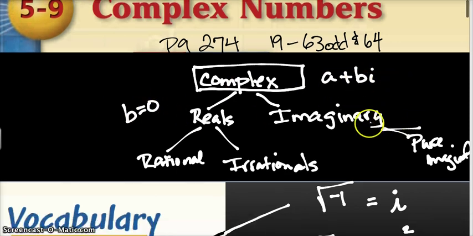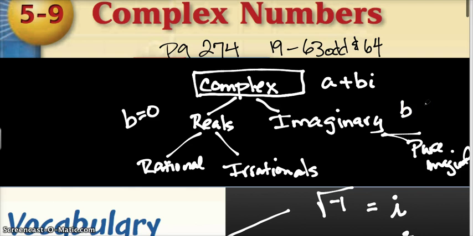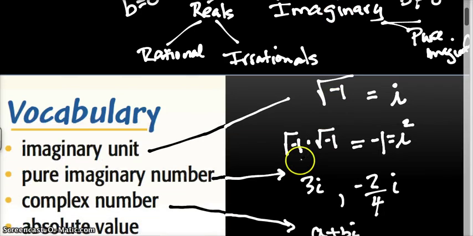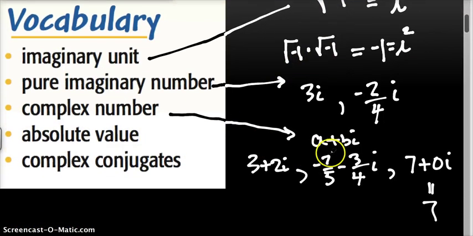When I'm dealing with imaginary numbers, the b value cannot be 0, meaning I've got to have some imaginary part to it in order to call it imaginary. In order for it to be real, the imaginary part has to be dead in a sense, so I've got to put a 0 there. So all numbers are complex, and I can write any number in this complex form where I've got some number a plus bi, a plus a complex value.